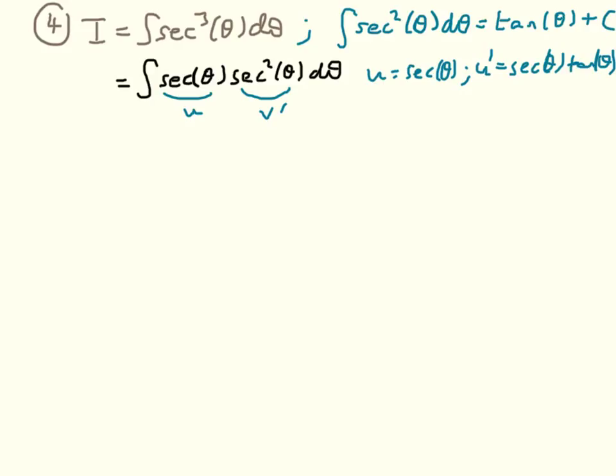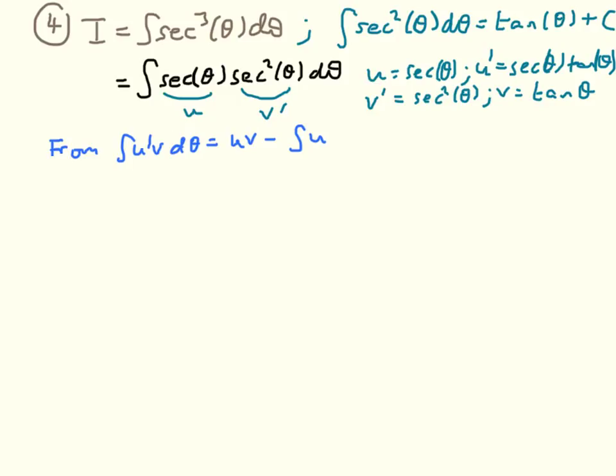And we also have that v prime is sec squared theta and v is tan theta. So from our integration by parts formula, the integral of u prime times v with respect to theta, our variable now, is uv minus the integral, and we swap it around, it's the derivative of v now with respect to theta.